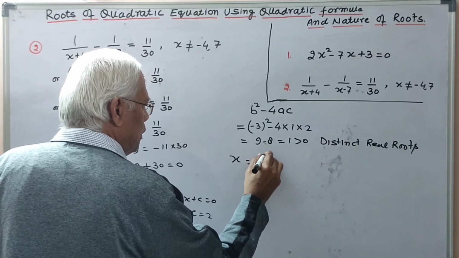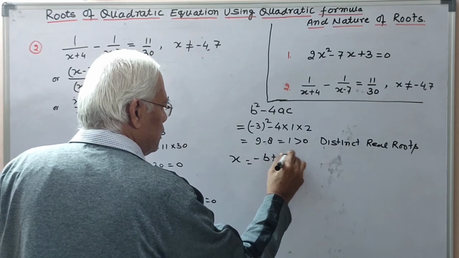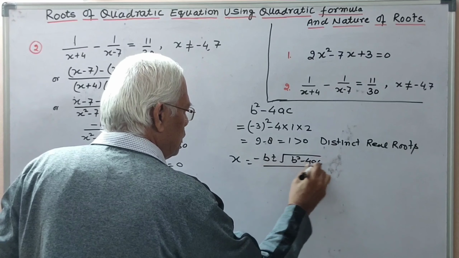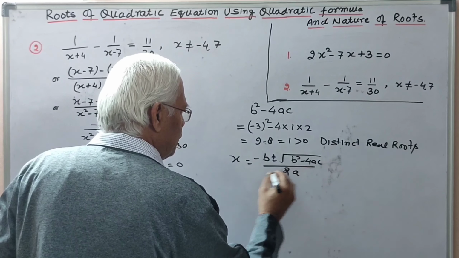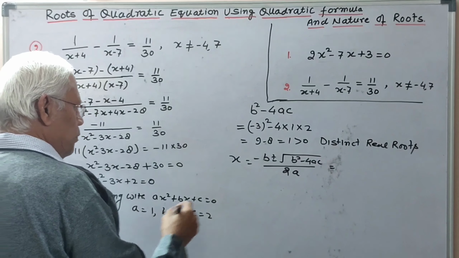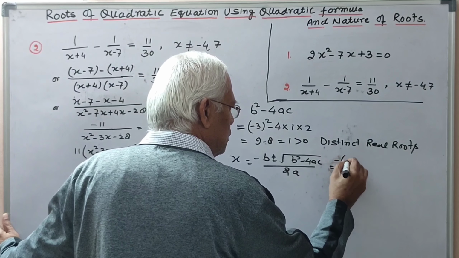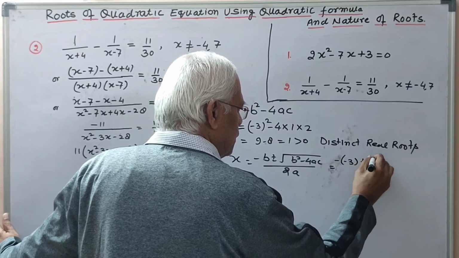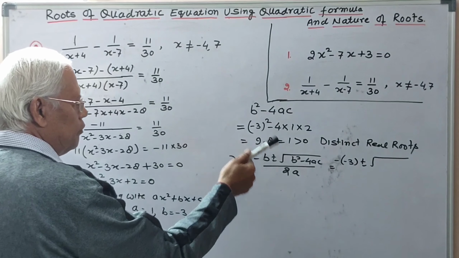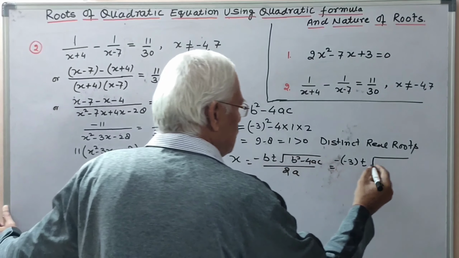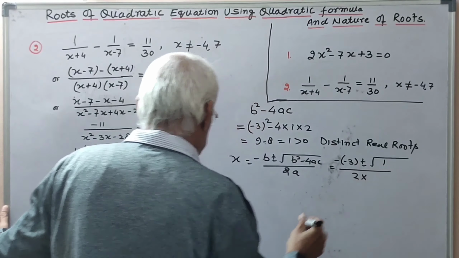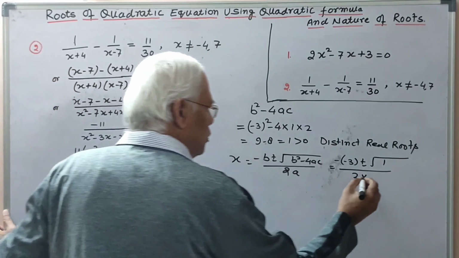Now apply the formula. Minus b plus minus square root of b square minus 4ac upon 2a. So minus b. b is minus 3. So minus 3 plus minus square root of b square minus 4ac. b square minus 4ac is 1 upon 2a. a is also 1.